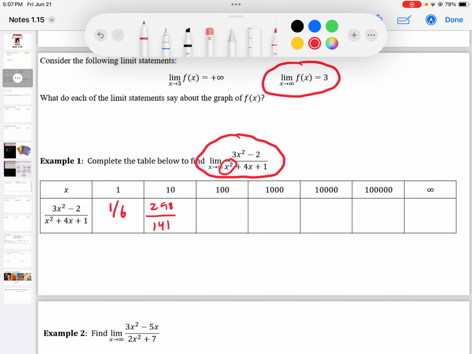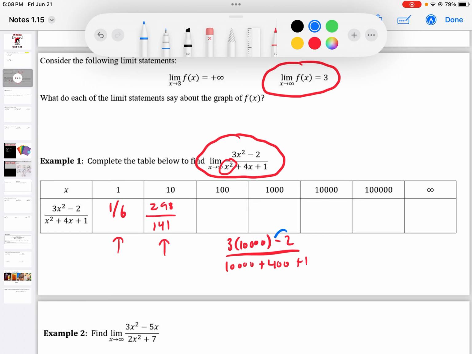So the whole point of doing this is to see a pattern. What are these y values approaching? I've only done 2 of them. This one was 1/6. This one was, I don't know, basically 300 over 150. What number do you think it's going to be approaching? Let's plug in 100. So if I do 3 times 100 squared, 100 squared is 10,000, minus 2 over 100 squared, which is 10,000, plus 400, plus 1.